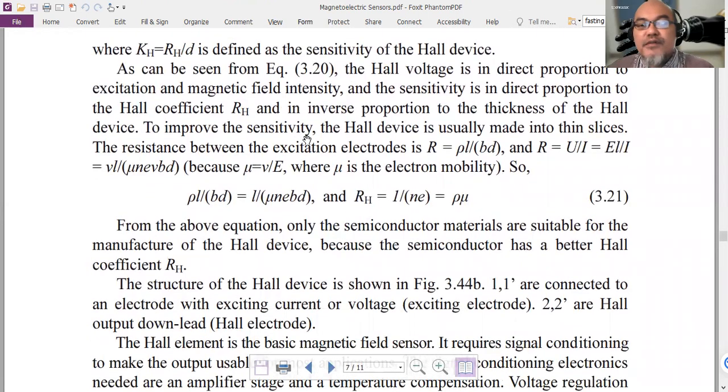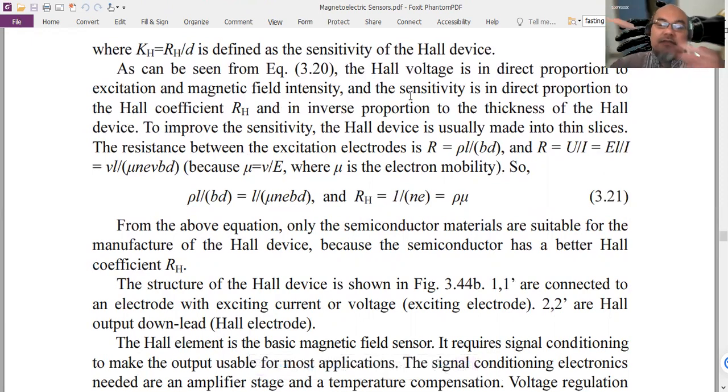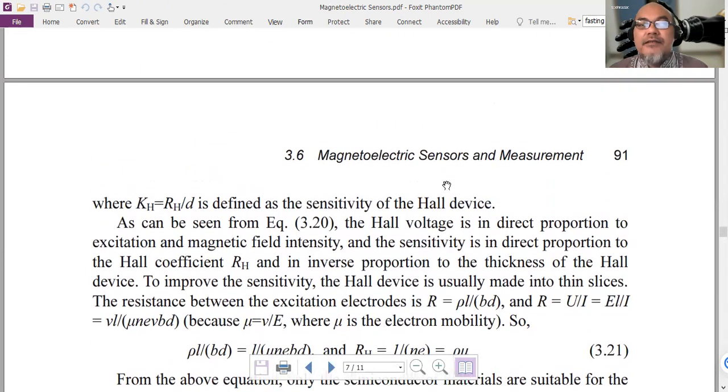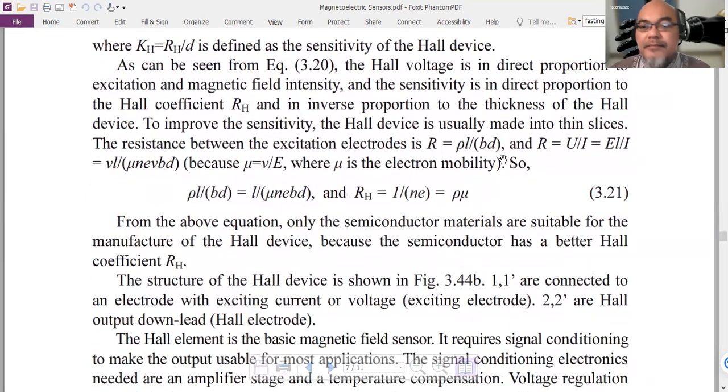The resistance between the excitation electrodes, between the two ends along the length of the conductor, is defined as R equals rho, the resistivity, times L divided by the cross-sectional area. The cross-sectional area is d, the thickness, times b, the width of the conductor.